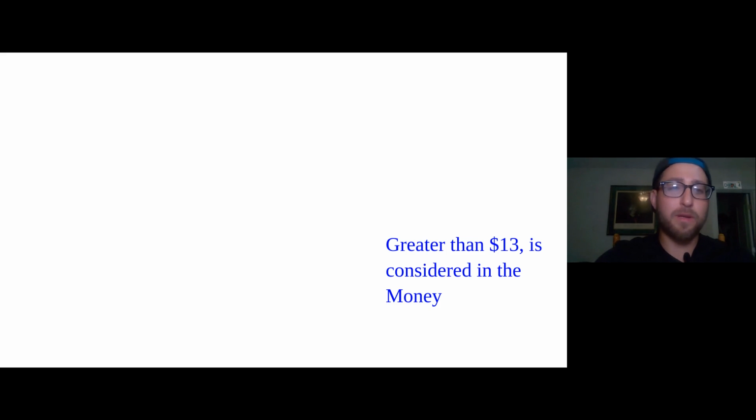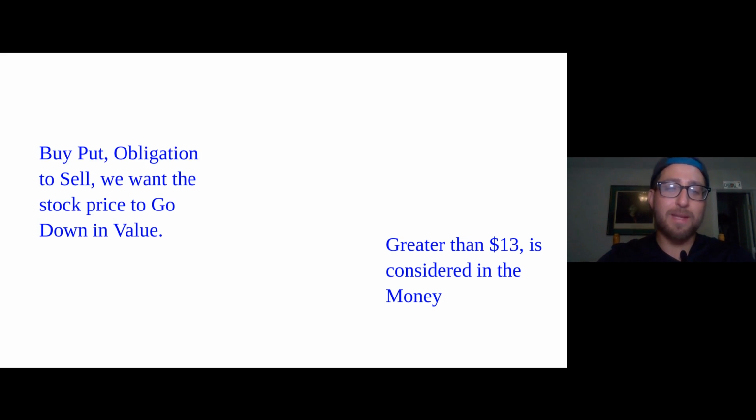So if you buy a put, you have the obligation to sell, and you want the stock price to go down in value. Let's just say we buy stock ABC. We go long, or buy a put at $10 with a price of $2 per contract.